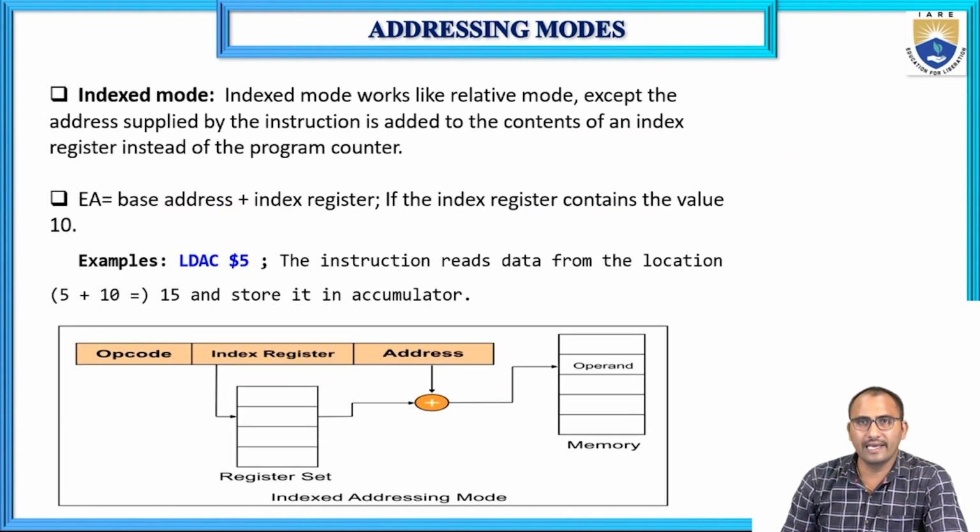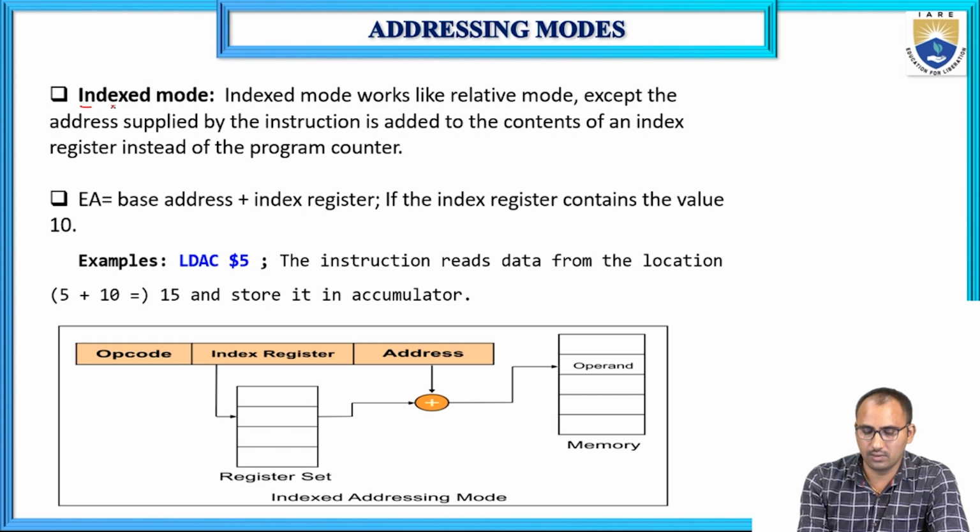And coming to the index mode. Already we have seen that the index mode works like the relative mode. In the previous slide we saw that in relative mode, the effective address is calculated by adding the contents of the program counter with the address specified in the instruction. The index and relative address modes are the same, except the address supplied by the instruction is added to the contents of the index register.